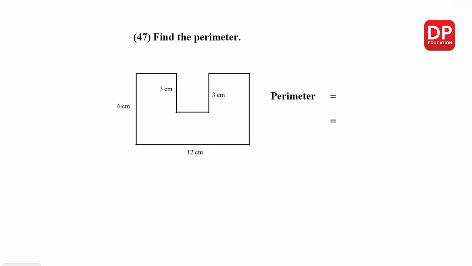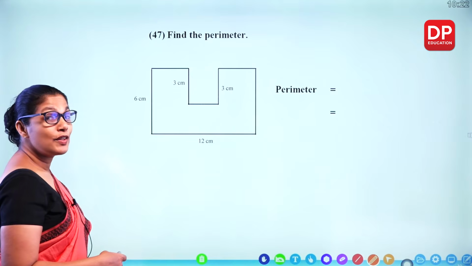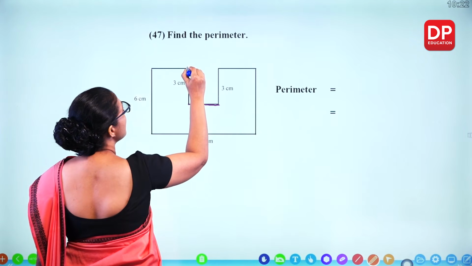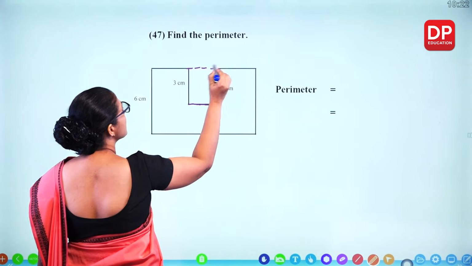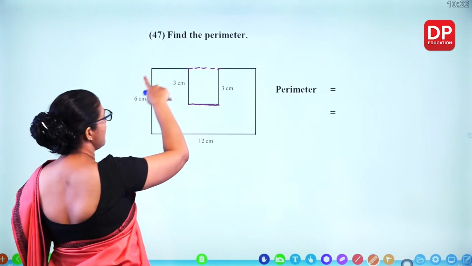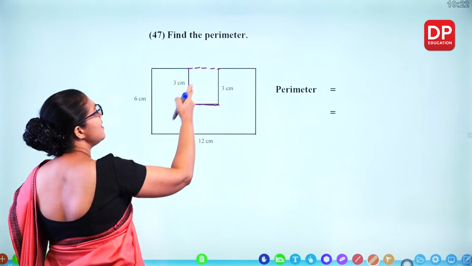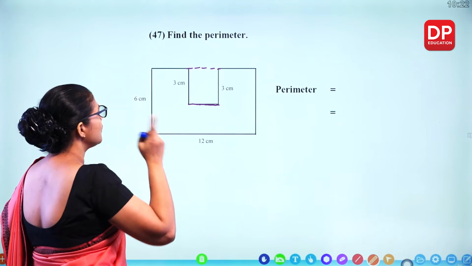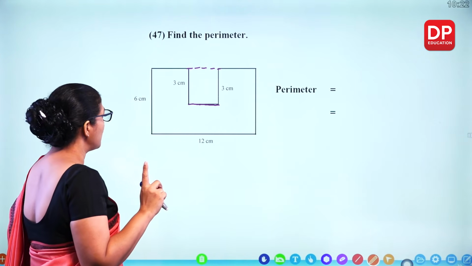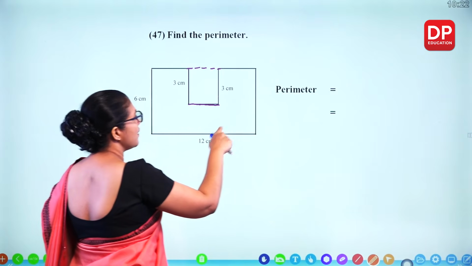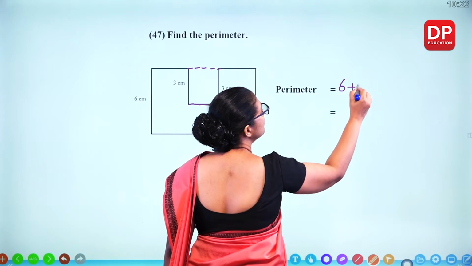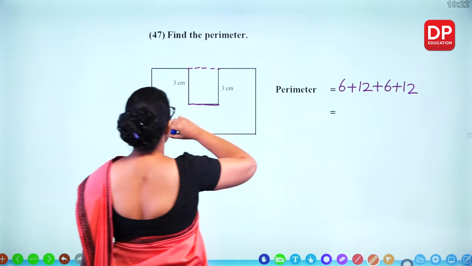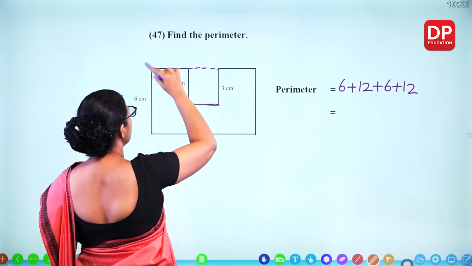Look at this figure, find the perimeter. So like before, I want to shift this length to here. What I get is the perimeter of the rectangle, and I have to add just 3 and 3. So what is the perimeter of the whole figure? 6 plus 12. Again 6 plus 12, so that means this one, this one, this one, this one.